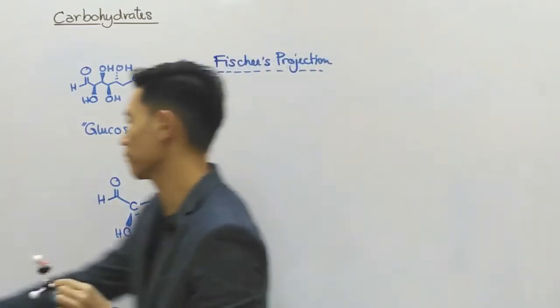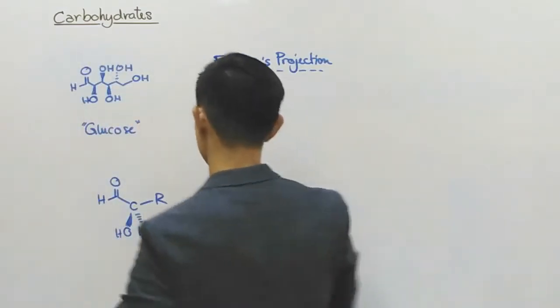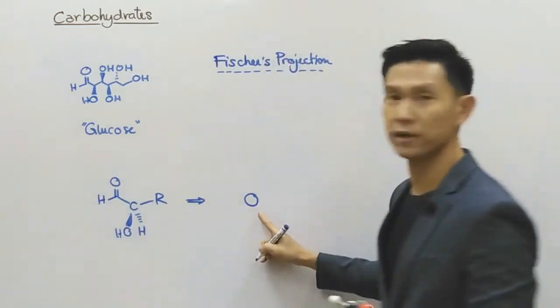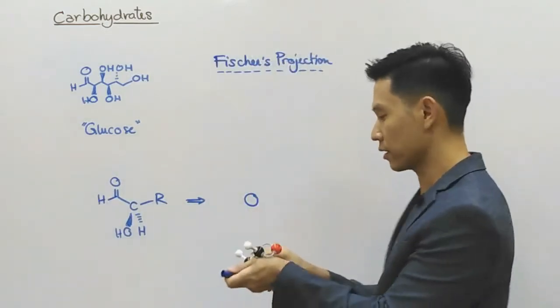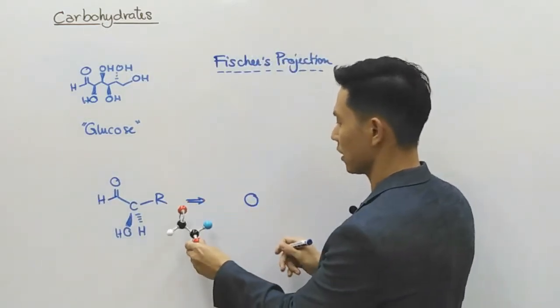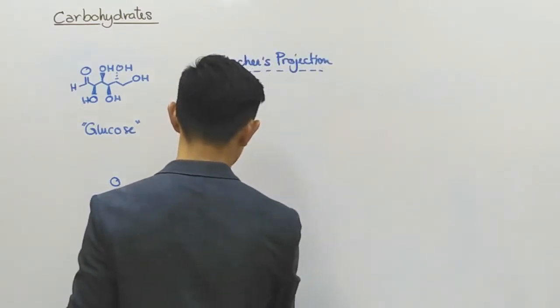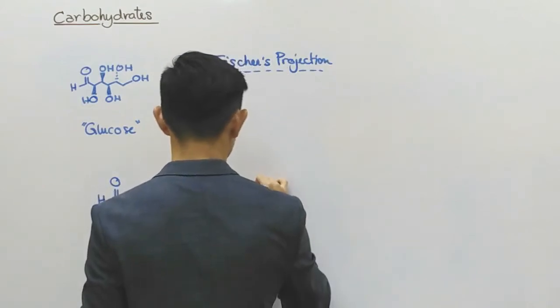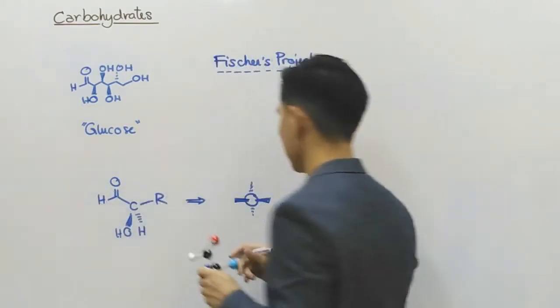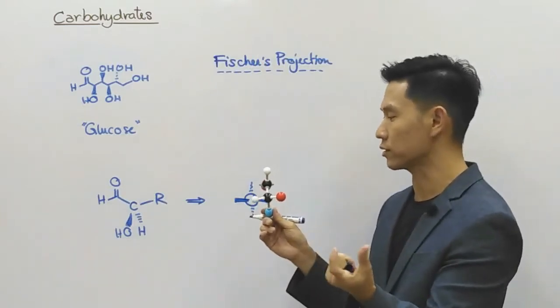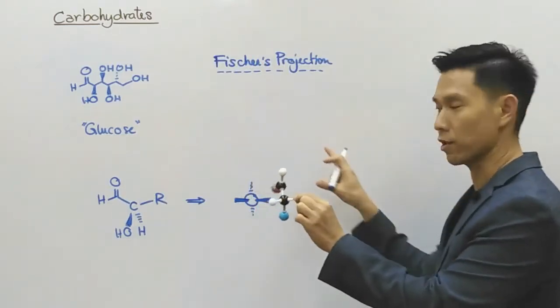So in this kind of structure, we can redraw it with the central carbon here. And then from this picture, I just turn it up. So as you can see, you have the cross. The horizontal line points out toward yourself, and the vertical line points downward.